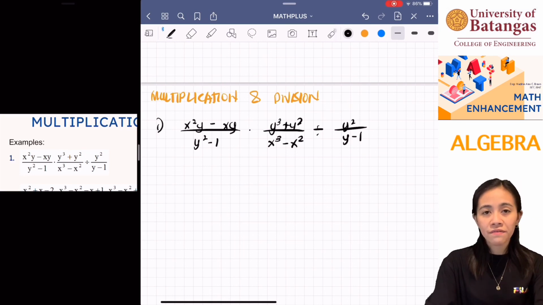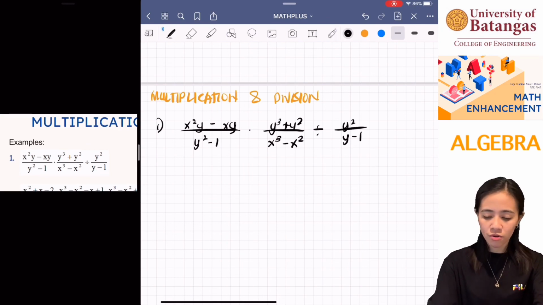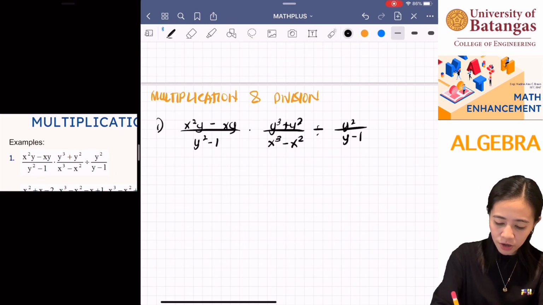Okay, so the advice is, if you are multiplying or dividing fractions, make sure to simplify the fractions first. Lalo na kung may common factors du'n sa mga fractions, i-cancel muna natin bago tayo mag-proceed with the operation, multiplication and division. Okay? So, ano pwede natin gawin dito?